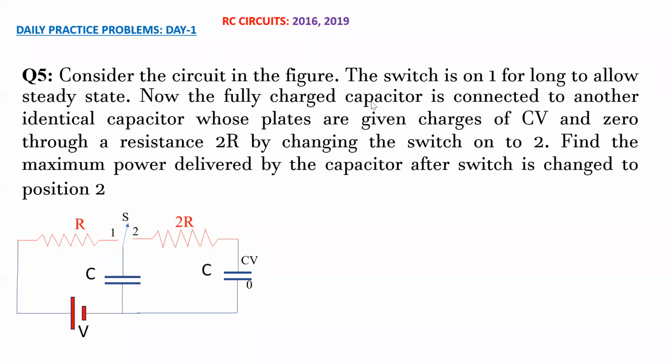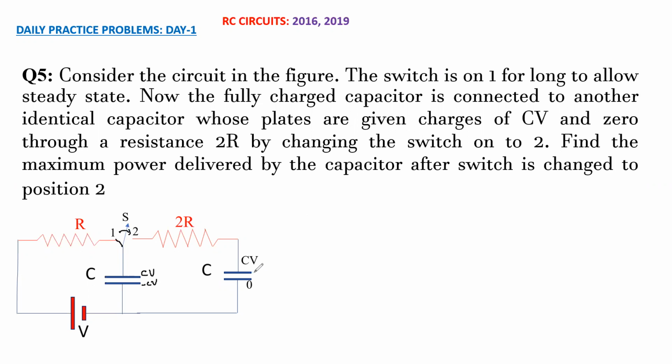Here it is given that the switch is on 1. Then, as you know, the charge on this capacitor will be CV. That means the plates will have CV and minus CV. And we are connecting that to this capacitor by changing the switch to 2.